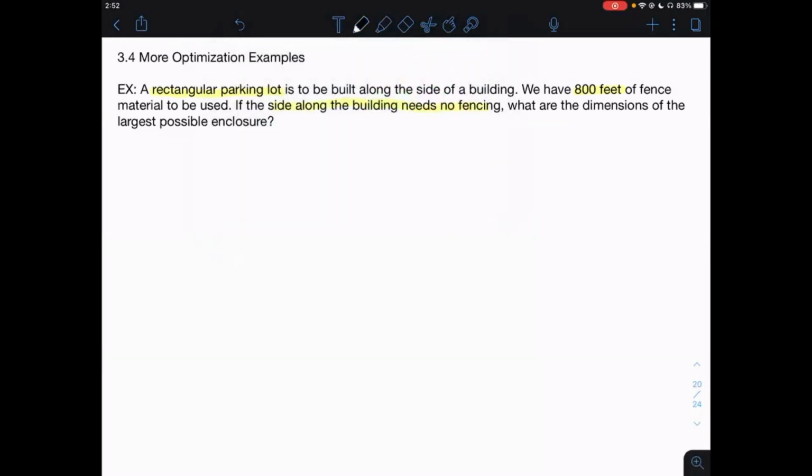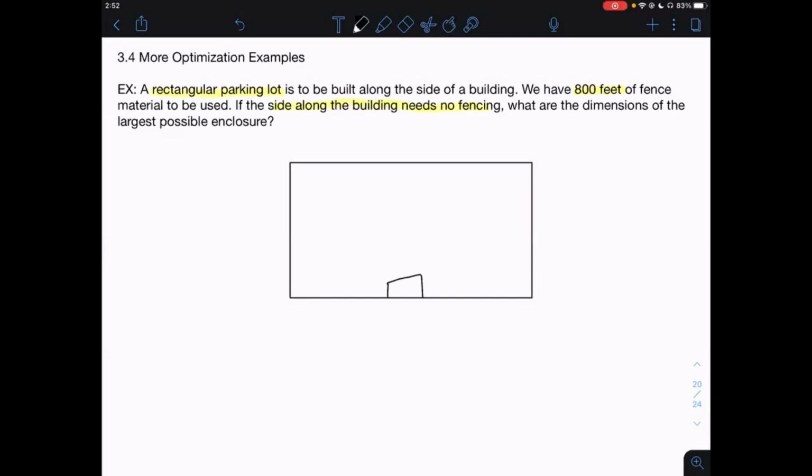All right, so suppose here we have this big old building, and suppose here we have the entrance to the building.